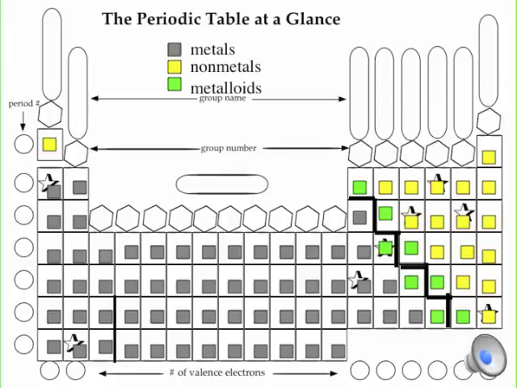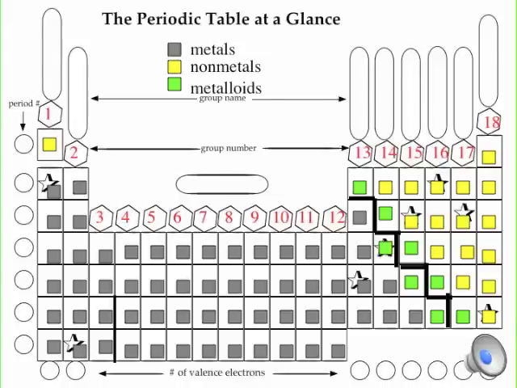Part 3 asks you to number each group. So the groups run across the top. Those are the ones that I'm listing in red here. Then I'd like you to label the groups with their appropriate names.